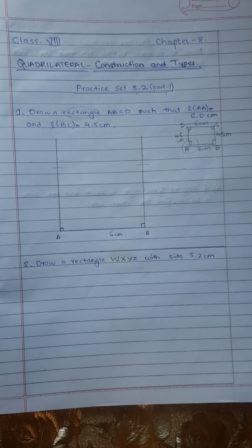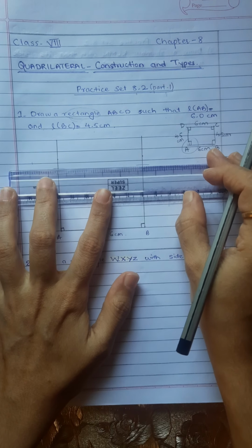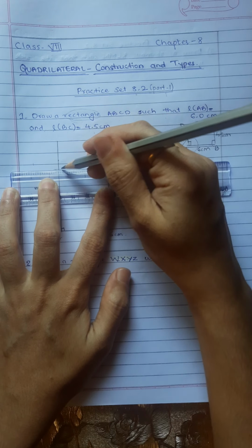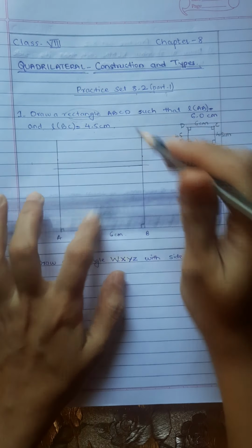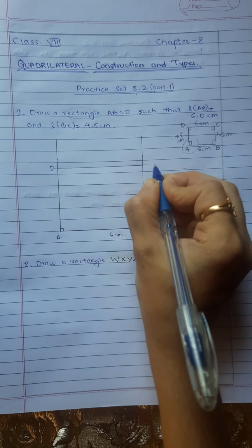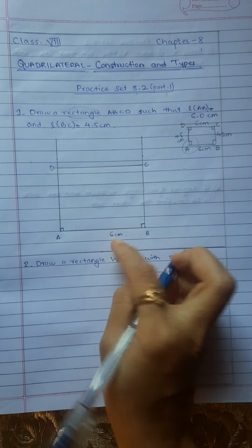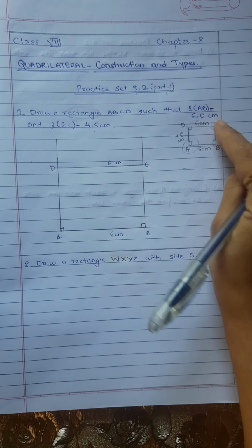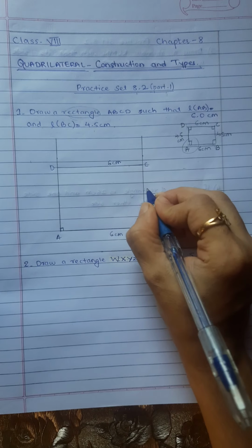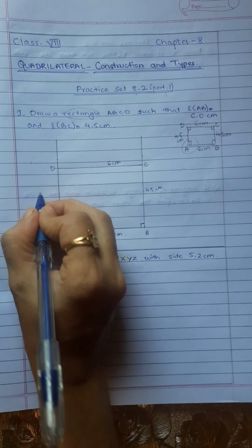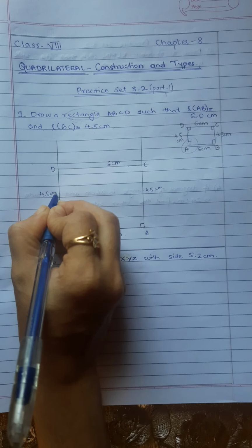Now these two arcs can be joined. So these points are our D and C. This is 6 centimeters, so the opposite side will be 6 centimeters. BC is 4.5 centimeters, so the opposite side will also be 4.5 centimeters.